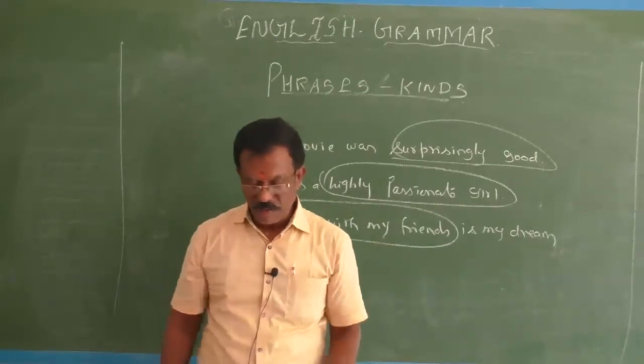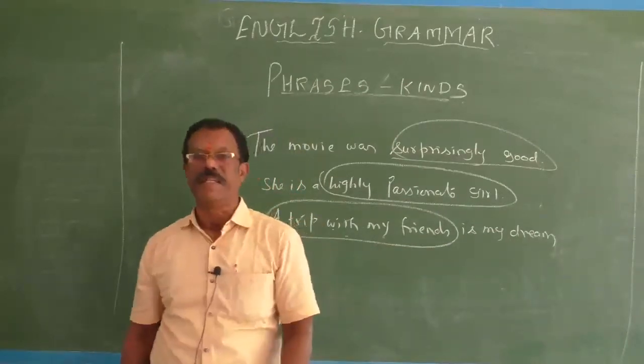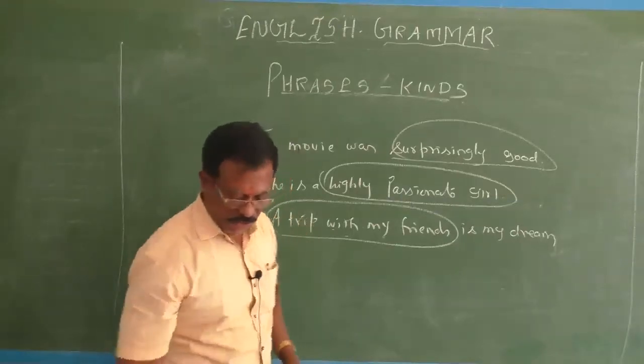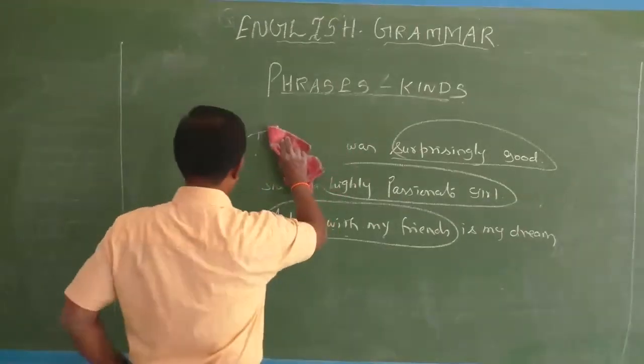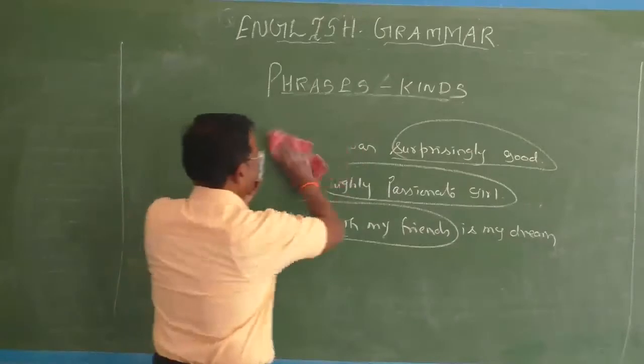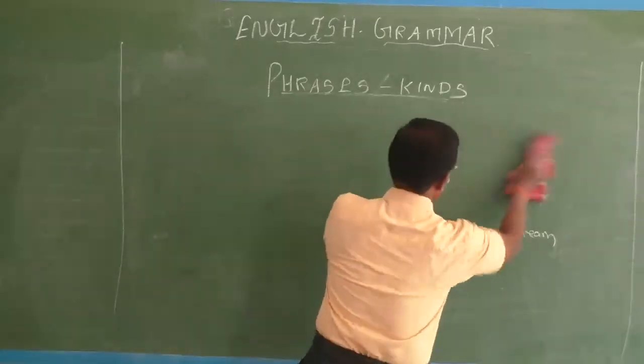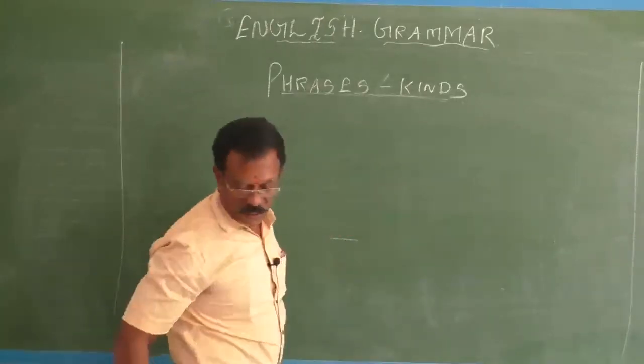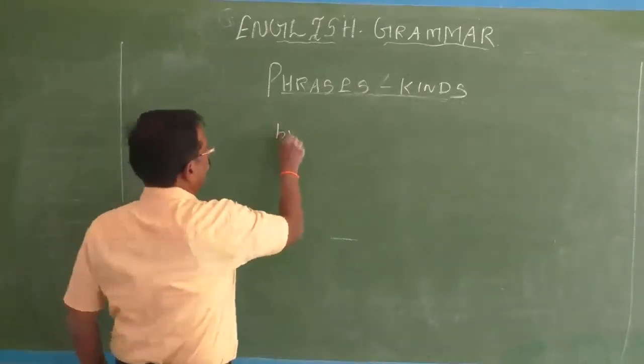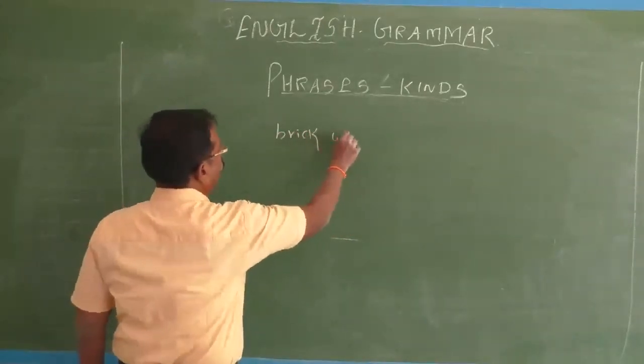See, brick walls, walls made of brick. Okay, let me write it. An adjective phrase can be derived from the adjectives, or an adjective can be expanded into an adjective phrase. How? Brick walls.